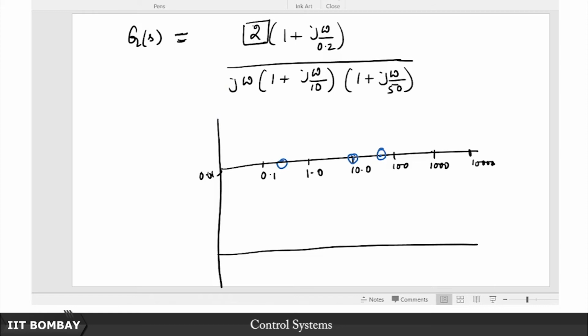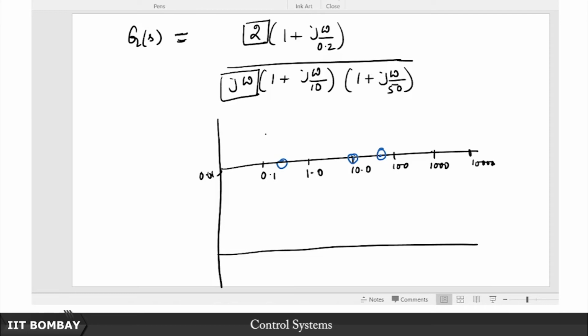So we will account for these factors which contribute to the low frequency asymptotes last. So we will account for the integrator, or integrators in case this were a type 2 system, or zeros at the origin. Those factors we would account for last. First we will consider only factors like these, or if second order factors are present, we will only consider them.